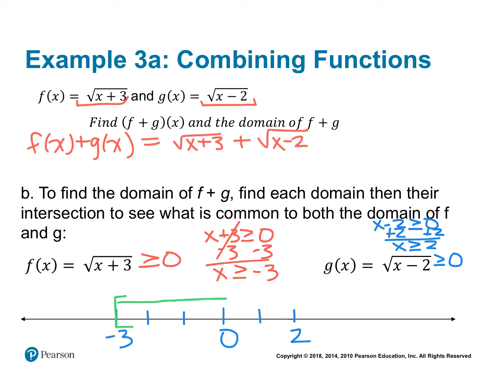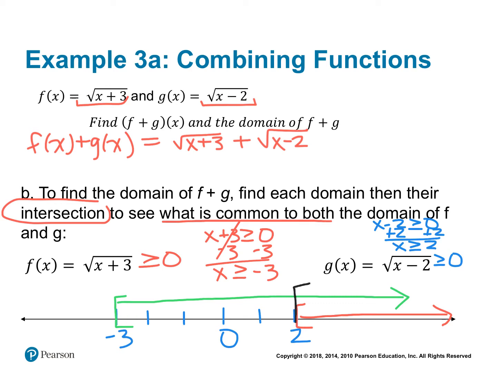So I'm going to shade above for now so we can then find the intersection. Or it could be anything greater or equal to 2. So we want to know what is common to both. That is their intersection. So the point where they intersect is from here and above, right?